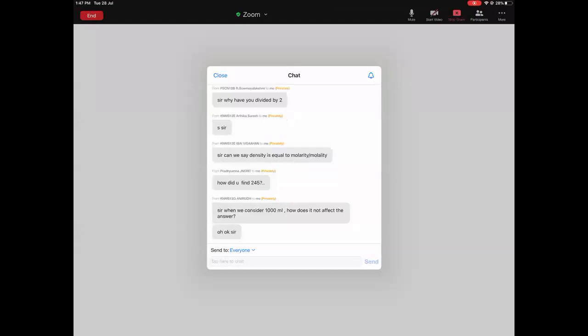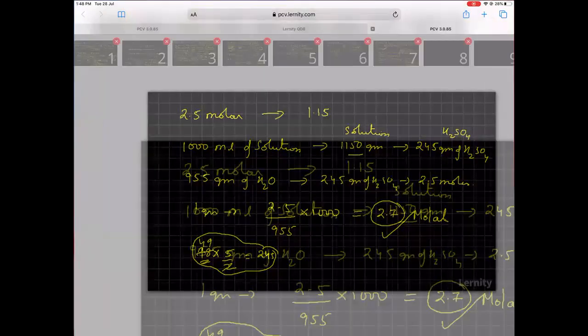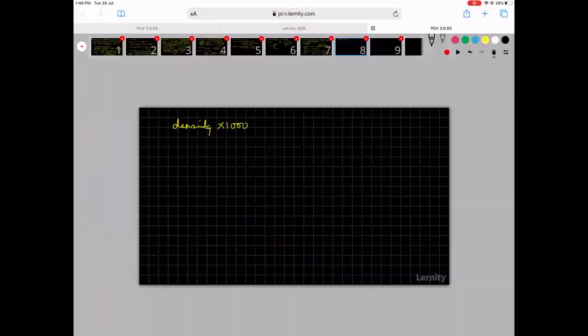Okay. So we want to know how density, molarity, and normality are related. Okay. So can I say density into 1000 is grams of solution? Now molarity is number of moles of solute in density into 1000 grams of solution.